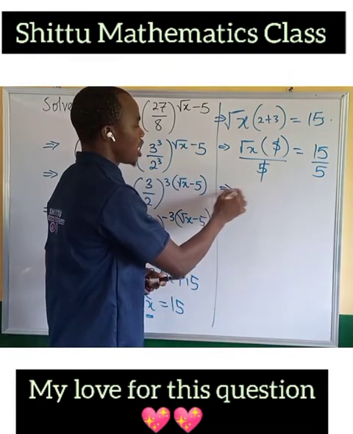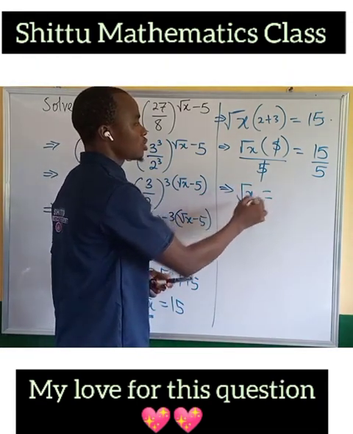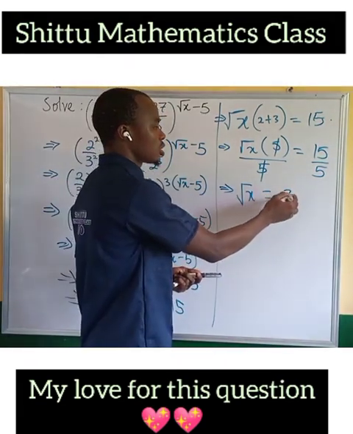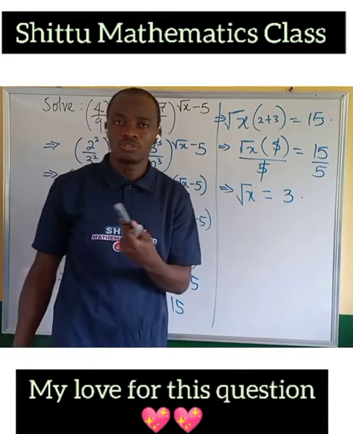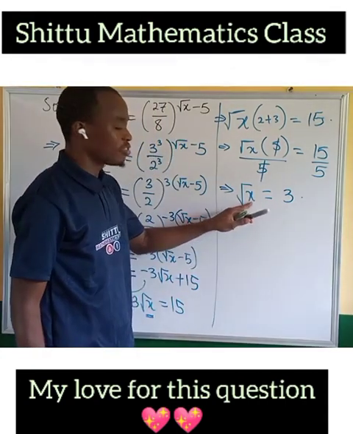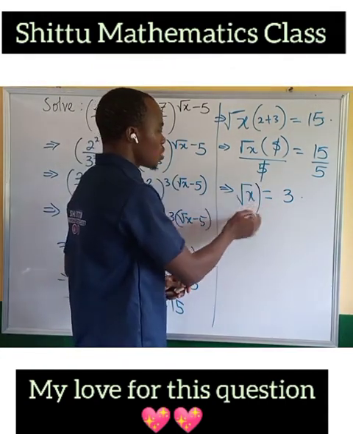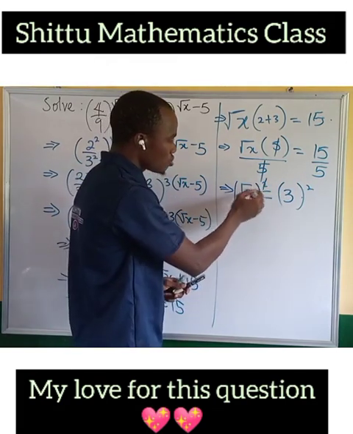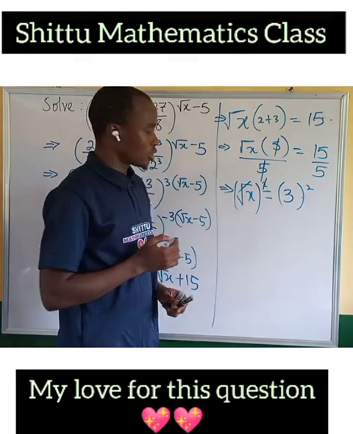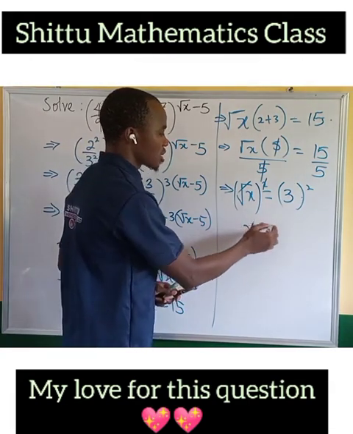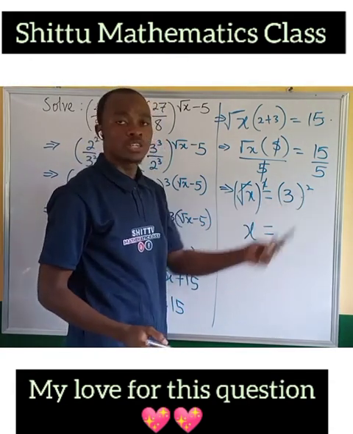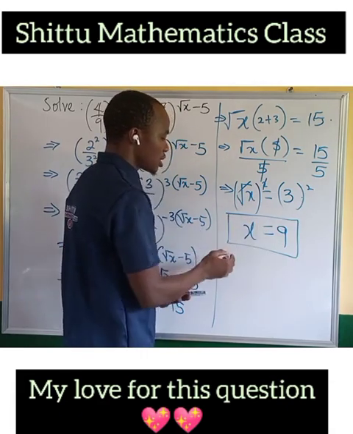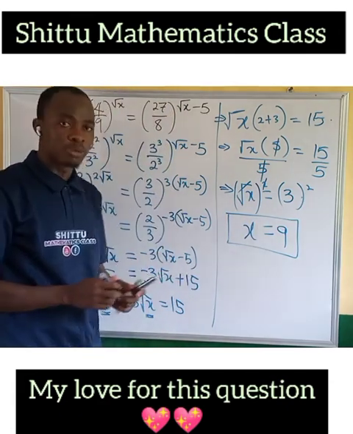So we have root x equals 15 divided by 5, which gives us 3. And we are looking for the value of x. So squaring both sides, the square root cancels, and we have x here, and 3 to the power 2 is 9. So x equals 9 is the solution to this problem.